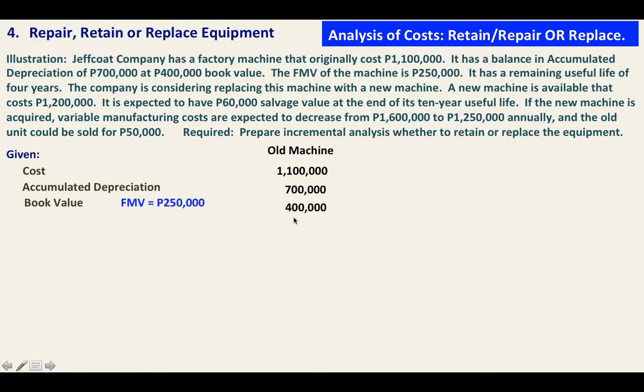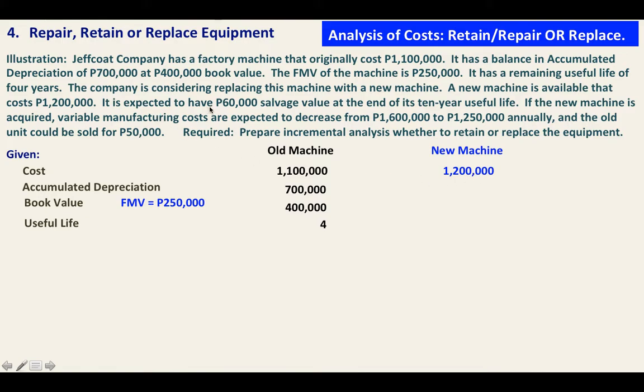Okay? A new machine is available that costs 1,200,000. Oh, by the way, here we have forgotten that it has a remaining useful life of 4 years. This is very important. So, useful life of 4 years. Okay? The company is considering replacing this machine with the new machine. So, there is an available new machine that costs 1,200,000. Okay.